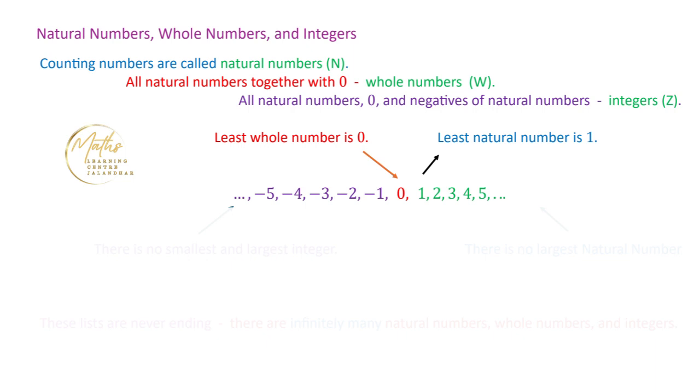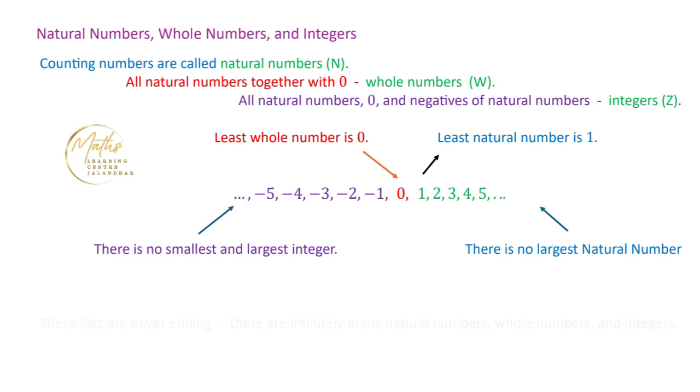Now it is interesting to note over here that when we are talking about the collection of natural numbers, there is no largest natural number. When we are talking about the whole numbers, there is no largest whole number. And when we are talking about the collection of integers, there is no smallest and no largest integer.